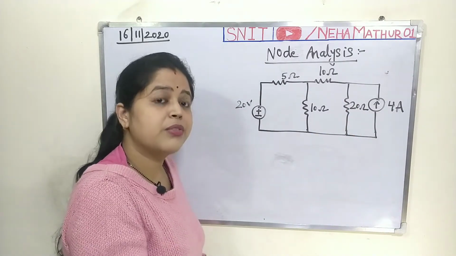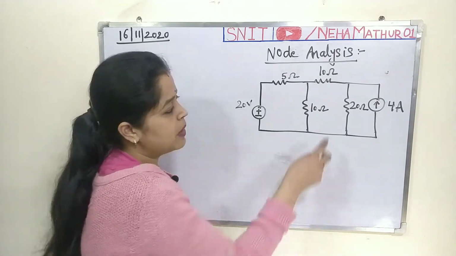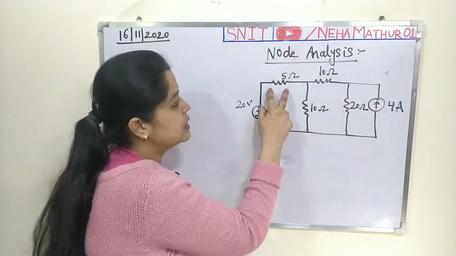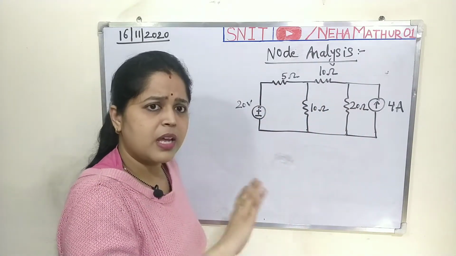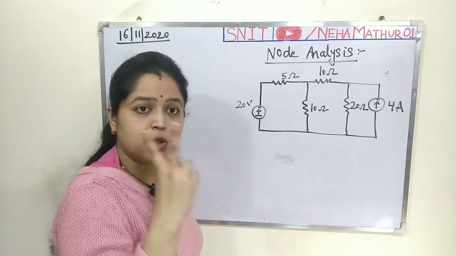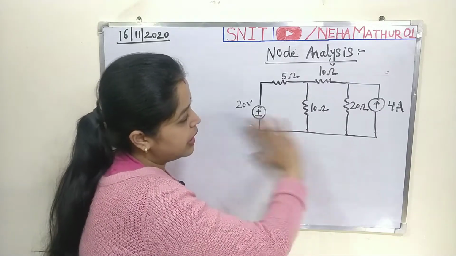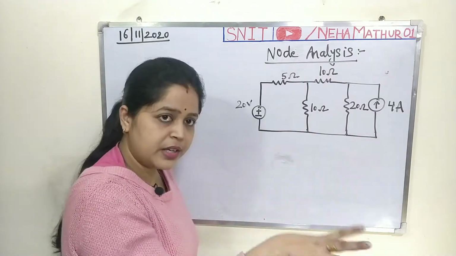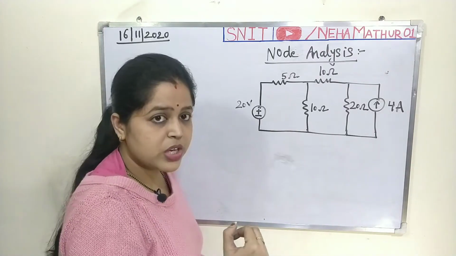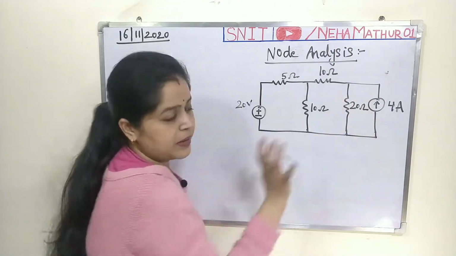The question may be in a different form, like what will be the voltage drop across the 20 ohm, or this 10 ohm, or this 5 ohm. The question may be in any form, but the examiner will ask two things: either the voltage drop across a branch or the current flowing across a branch. So my question is, what will be the current across this 20 ohm resistor?